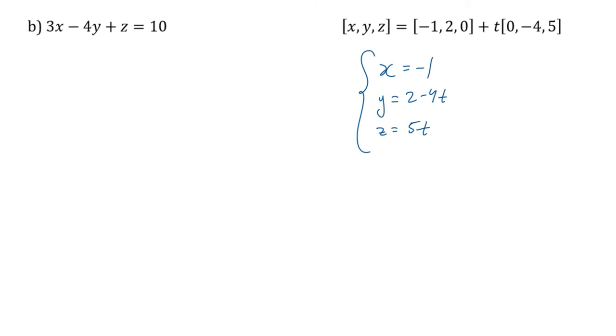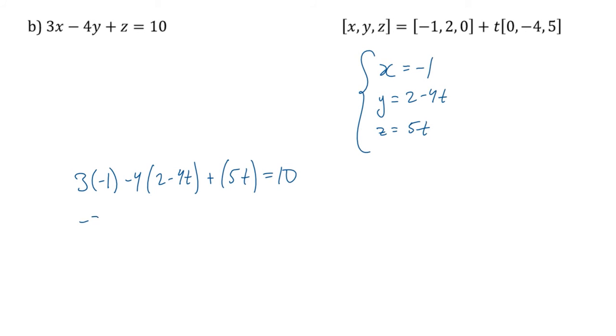And I take those parametric equations and I just sub them in for x, y, and z in the plane. So 3 times x, which is negative 1, minus 4 times 2 minus 4t plus z, which is 5t, equals 10.